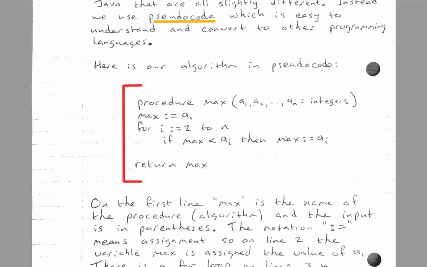That whole thing is happening here in this line. So if the next integer in the list, a sub i, is bigger than the temporary maximum, then we're going to let that temporary maximum be that new number, a sub i.